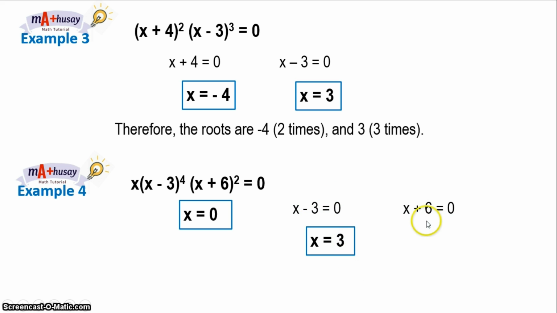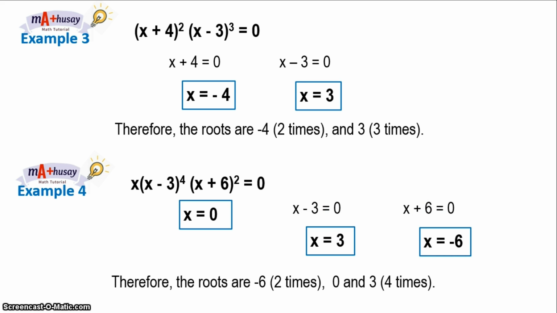And for x plus 6 equals 0, the value of x should be negative 6. So, the roots of this polynomial equation, or the zeros of this polynomial equation, are negative 6, which occurs 2 times, 0, and 3. The 3 here occurs 4 times. Clear?